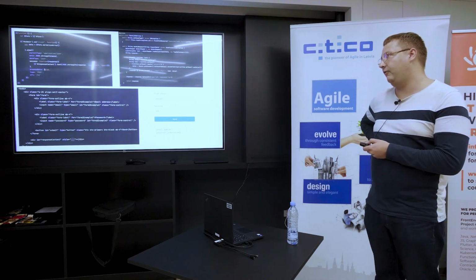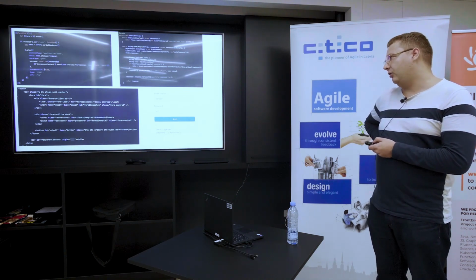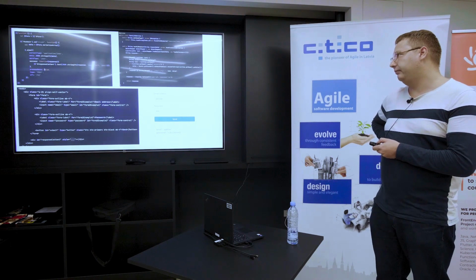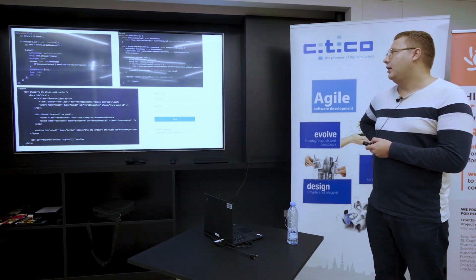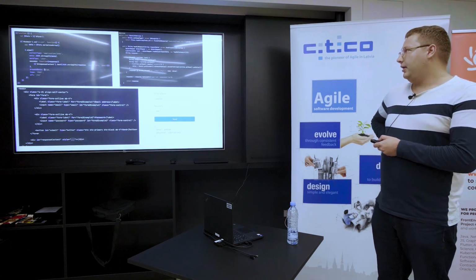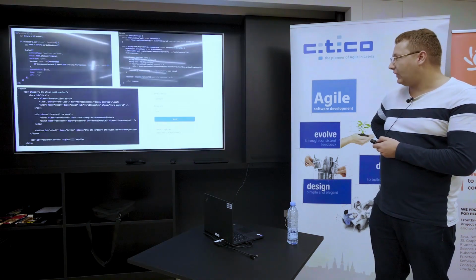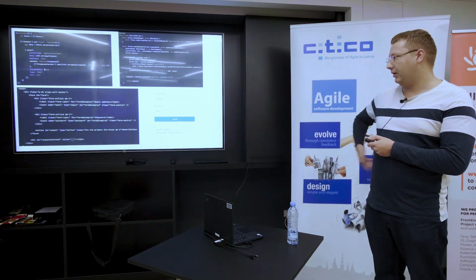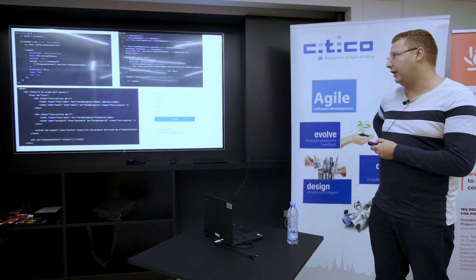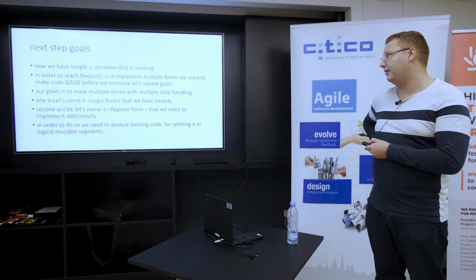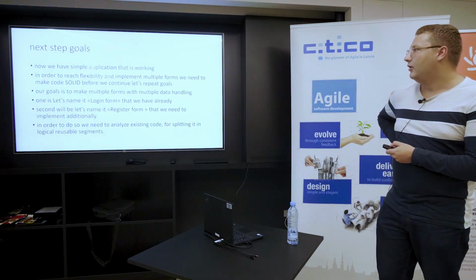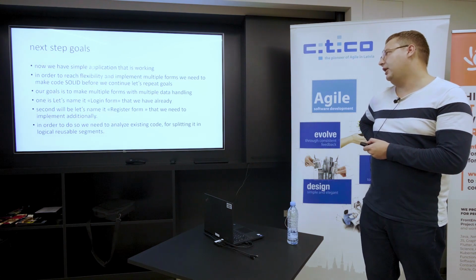There won't be any additional hacks or anything like that. And if everyone can understand Java, then the lecture will be at least good. So now we have a simple application that is working.